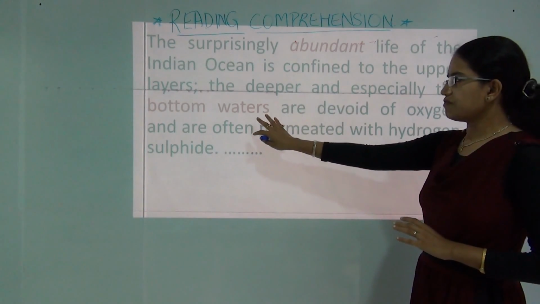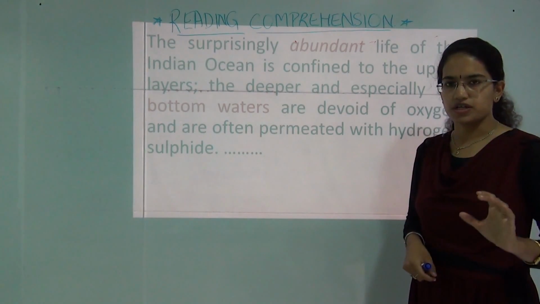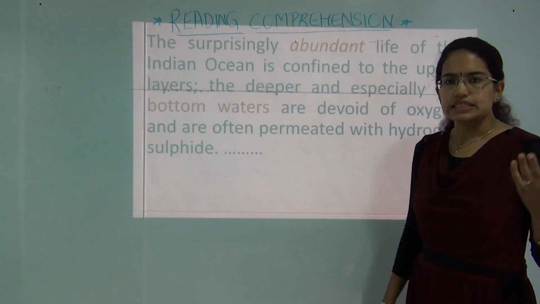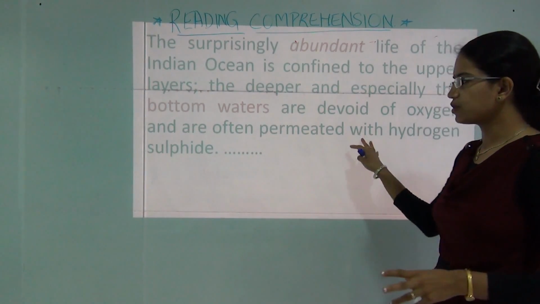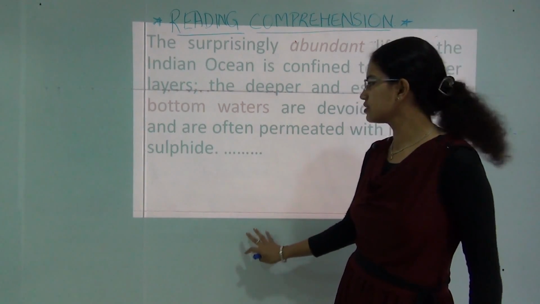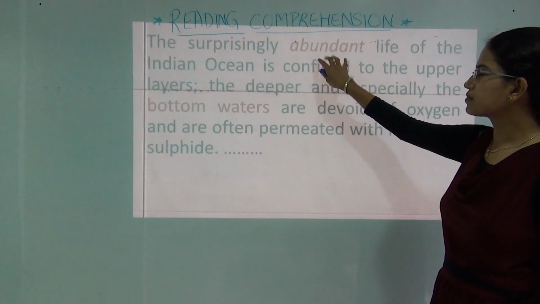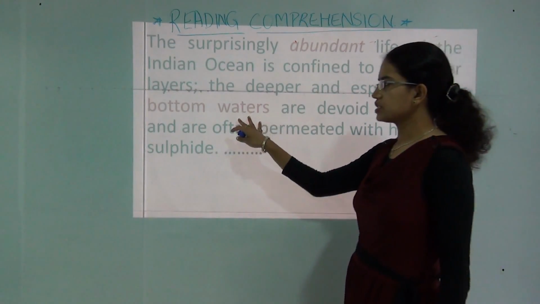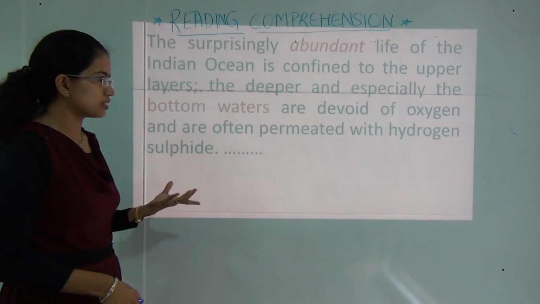So the first question is, what is the specific characteristic of bottom waters? And the second question is, what is an antonym for the word abundant? Now there are 2 questions, so what I would do is read the questions first. Corresponding to the questions, I have highlighted or marked these 2 words in different colors. So my first question was, what is the characteristic of bottom waters?